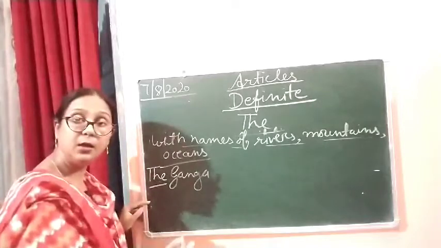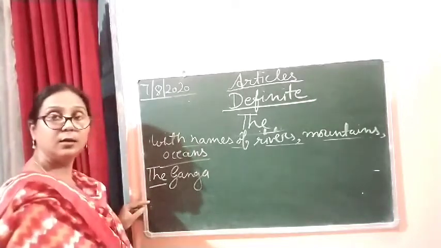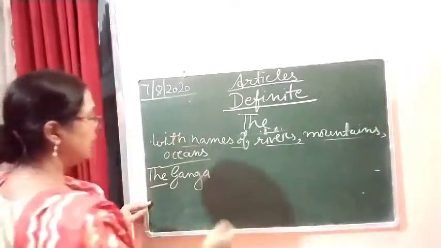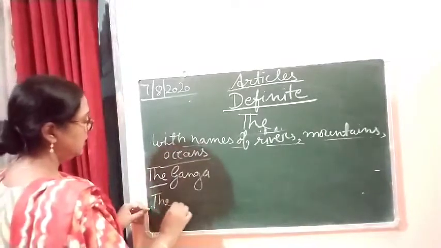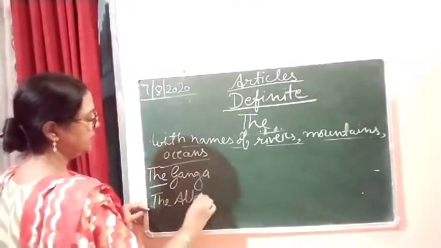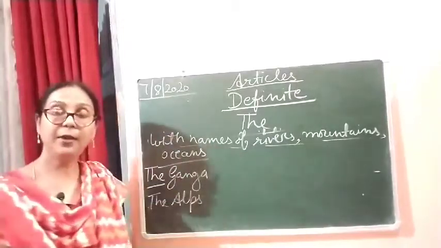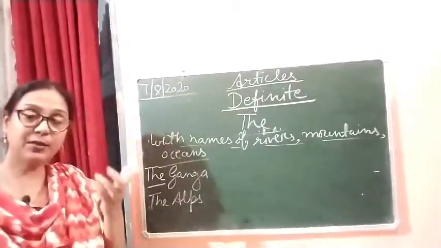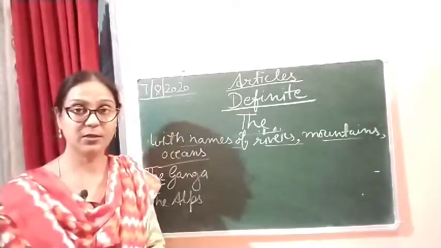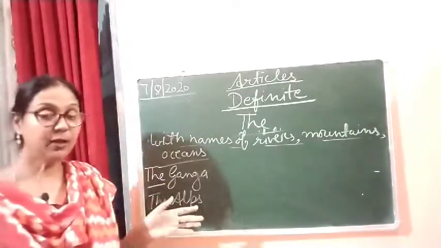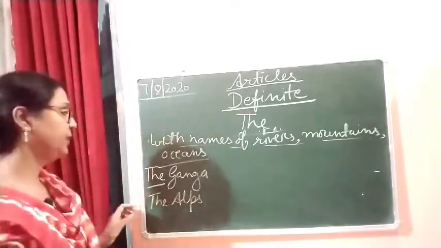The Godavari, the Yamuna. Now mountains: the Alps, the Himalaya. These are famous names of mountains, and before them we use the.